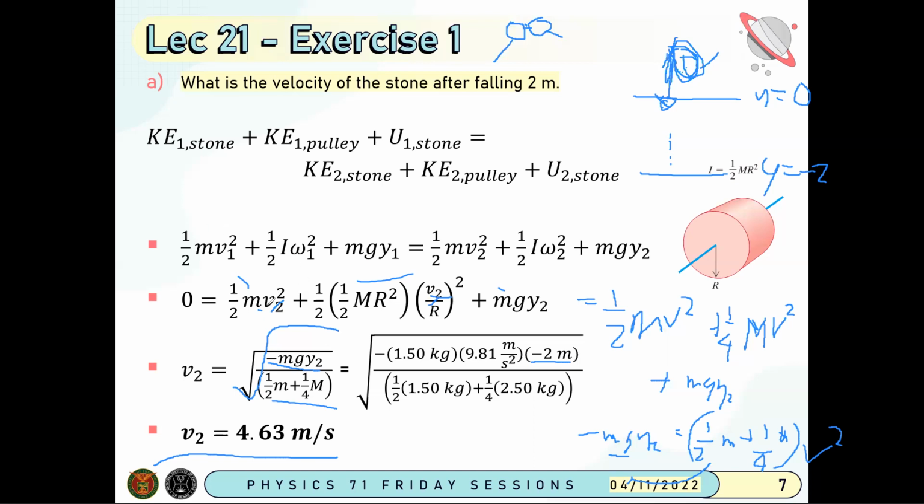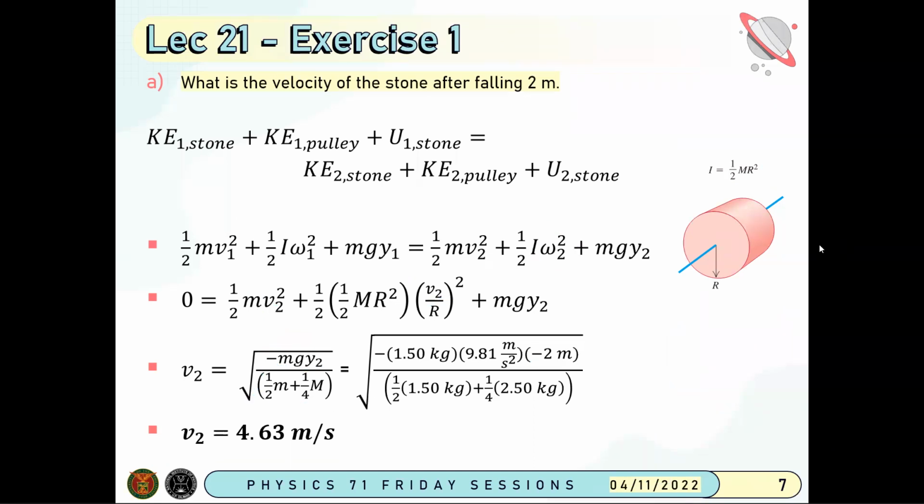Okay. So yung linear velocity na to ni stone, na-convert into the rotational velocity or angular velocity because they are both in contact with each other. Okay? Nagka-cancel out lang itong tension because of Newton's third law.